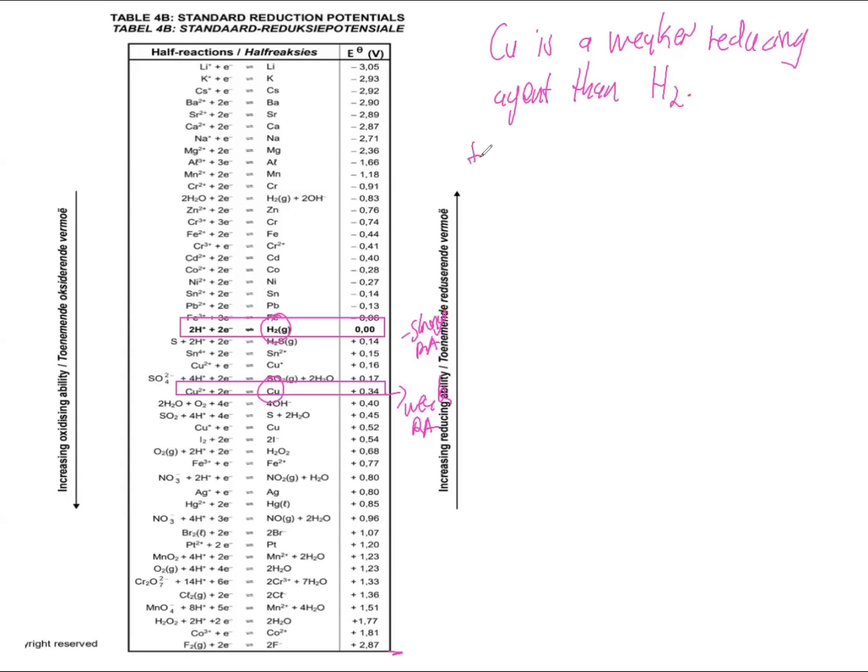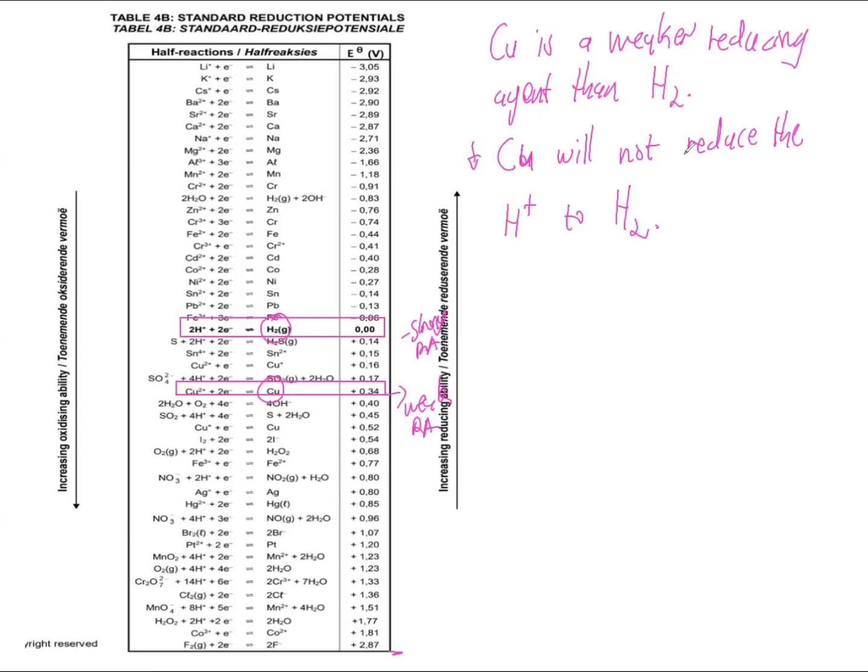So meaning copper will not reduce the H+ ion to hydrogen gas, because it is a far weaker reducing agent. Remember, a reducing agent is responsible for making this other substance to reduce, while in turn it will do what?